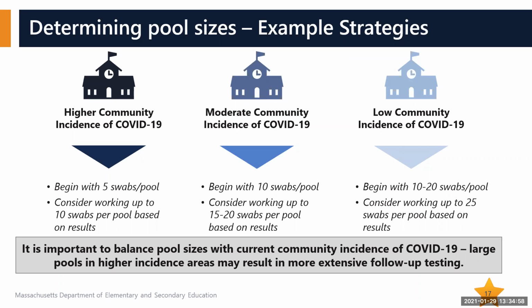And so we hope that you find this helpful in terms of thinking about where you're at in terms of the size of the pool that you will be creating and how it might adjust or change over time. Anything about pool size that anybody wants to chime in on?